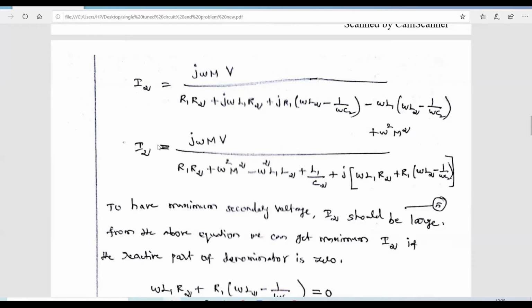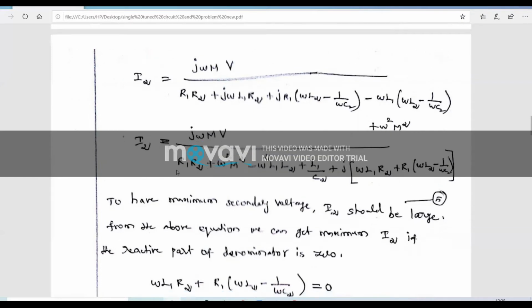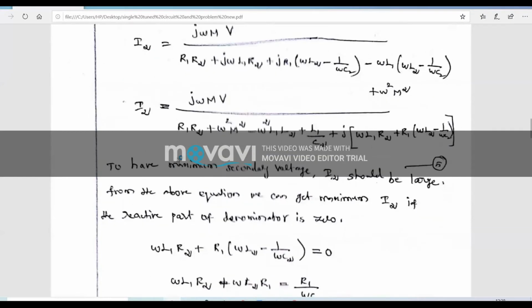So we have to obtain the maximum secondary voltage, so the value of I2 should be large. In order to find this, we have to find the condition at which the current I2 gets its maximum value.